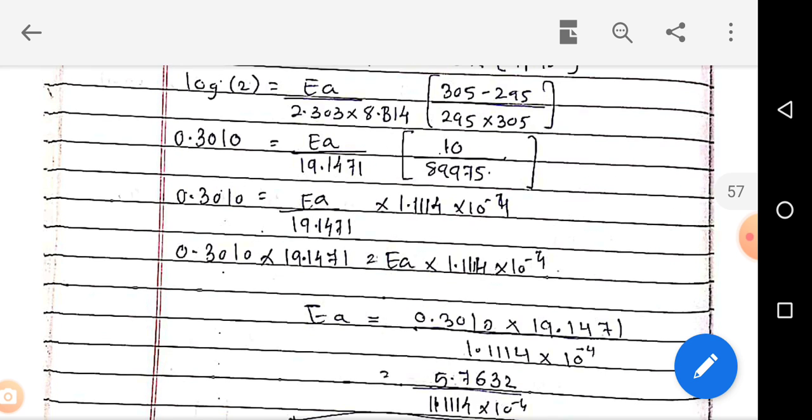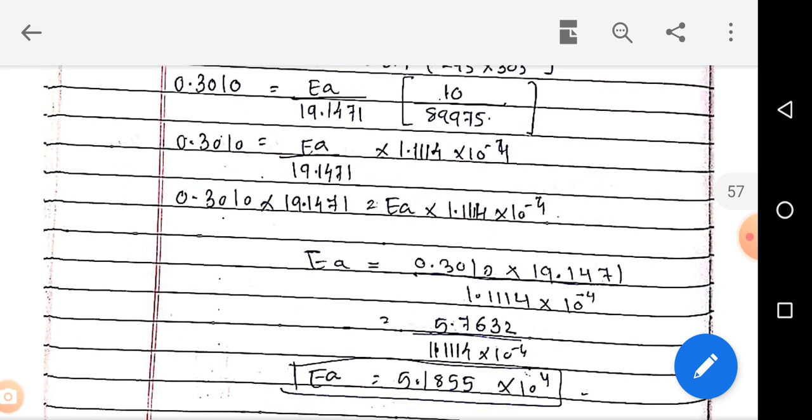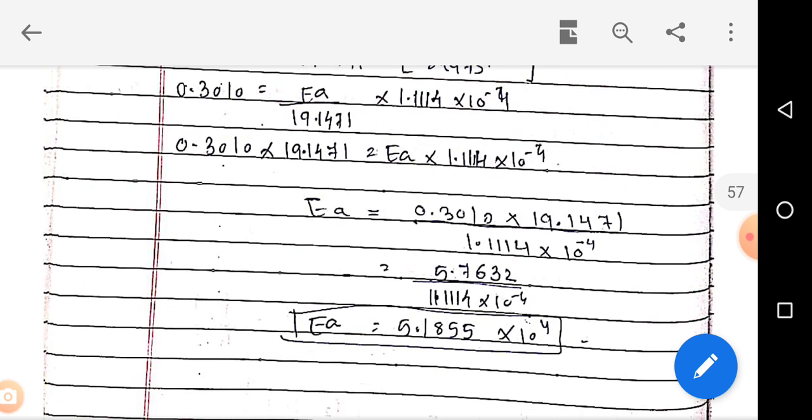Finalizing these values, EA is equal to 0.3010 into 19.1471 divided by 1.114 into 10 to the power minus 4. Simplifying again, we get 5.7632 divided by 1.114 into 10 to the power minus 4. Simplifying this, we get 5.1855 into 10 to the power 4 as the value of EA, the energy of activation. This is the simple way to find it, and this is a simple numerical problem.